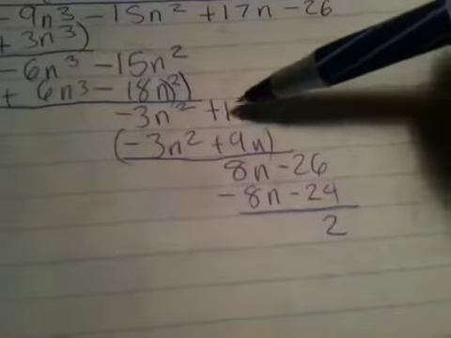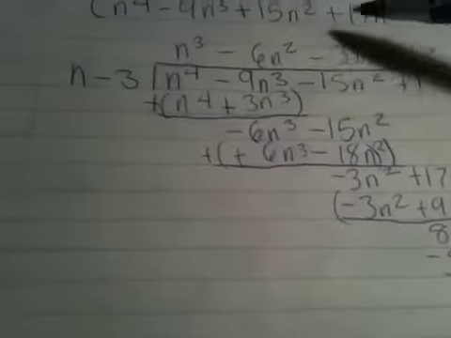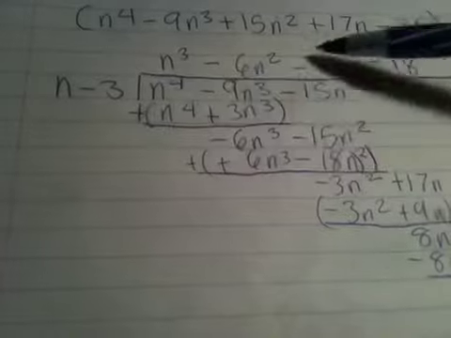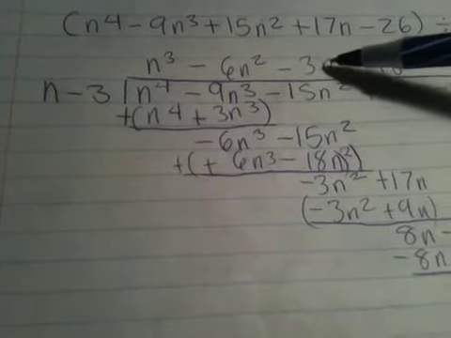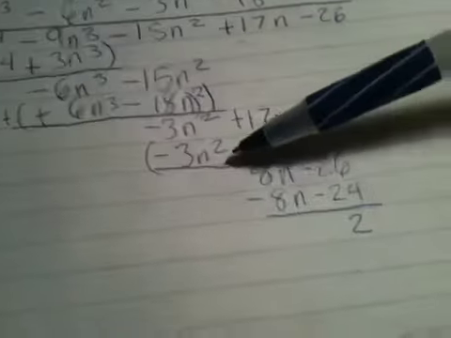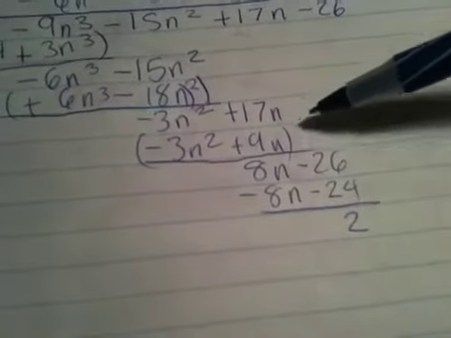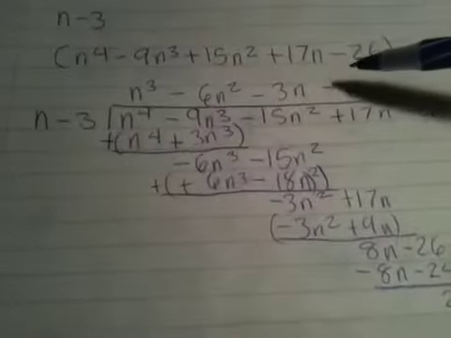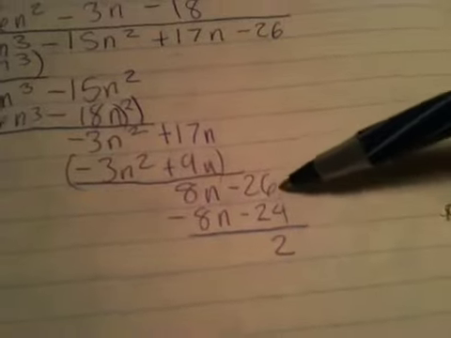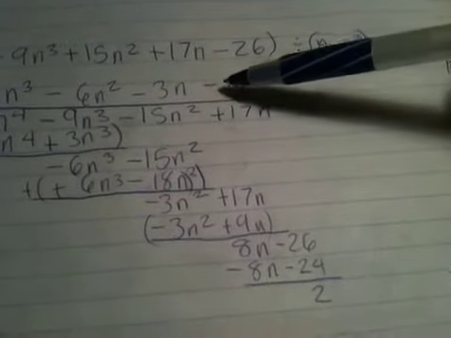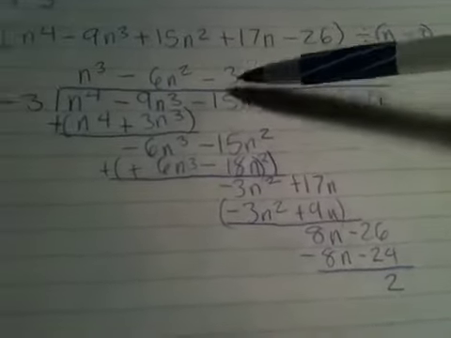Drop the 17n from above. Same thing. Figure out what fits in here. What I got is minus 3n. Multiply this out: negative 3n squared plus 9n. Alright, do it all out: 8n minus 26. Drop the 26 from above. Then what I got is 18.